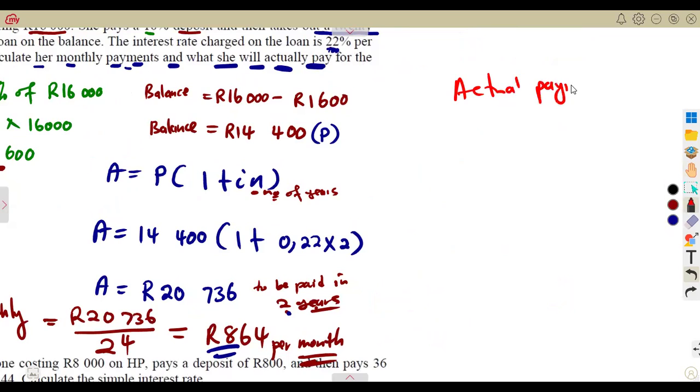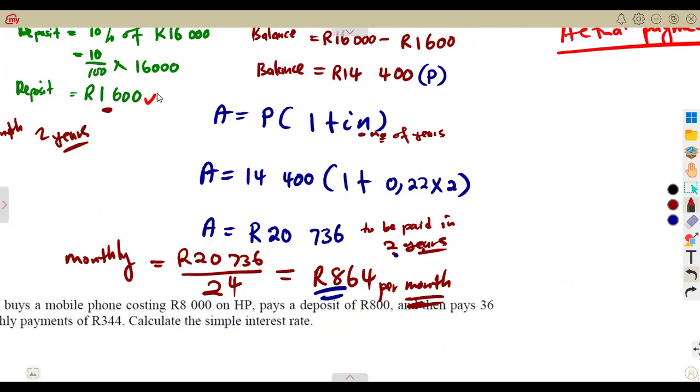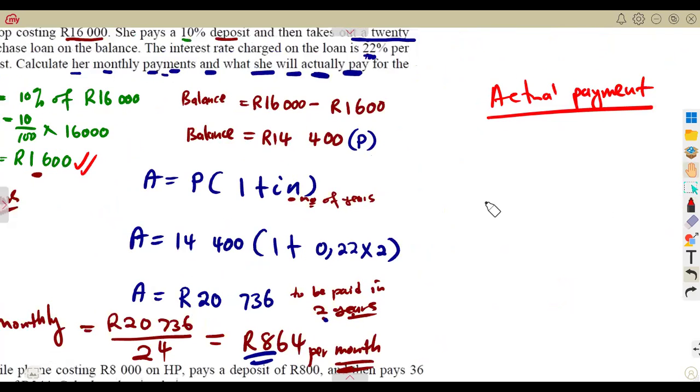The actual payment. One, remember, she deposited 10% there, a deposit. This one is already paid. She paid 1,600. So we are going to have a deposit of 1,600. This is our deposit in that case. We've got a deposit there, plus the amount that is to be repaid.